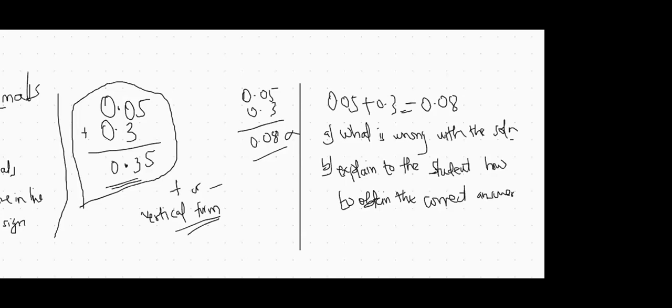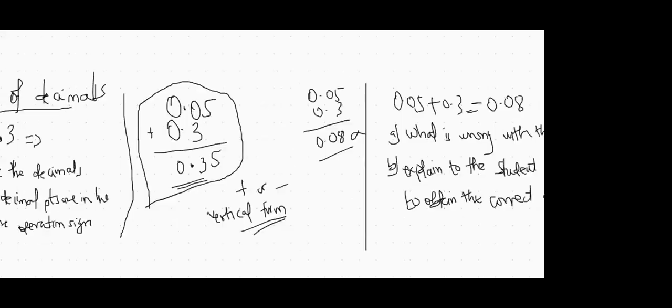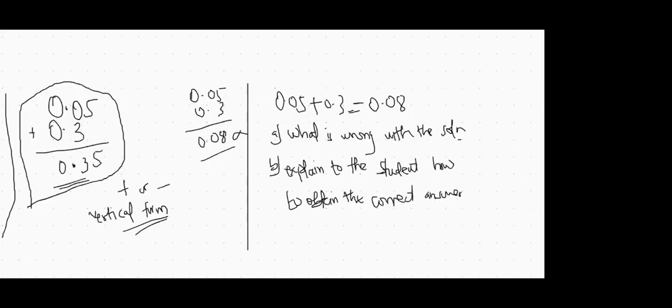Can someone explain it? Then we just close. Joseph, can you help? To get the right answer here, you must arrange the decimals in vertical form, in the sense that the decimals will be at their rightful positions or place.